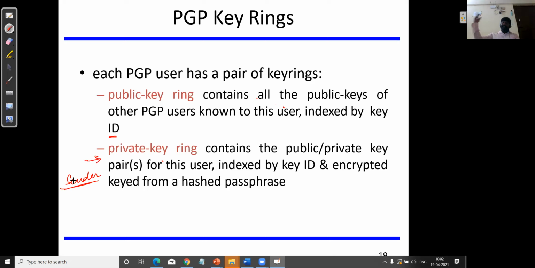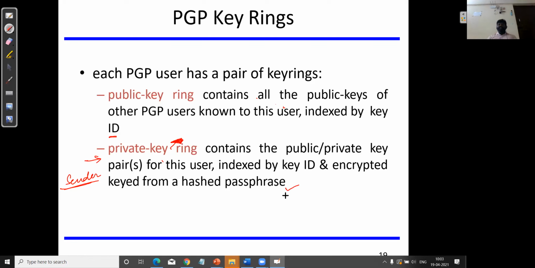Don't think that the other users' private keys will be known to this user. That is not at all possible. Only this private key ring will have the information about the private key of the sender, not other users' information. Along with this, the public key as well as private key are indexed by key ID and encrypted using a key from the passphrase.